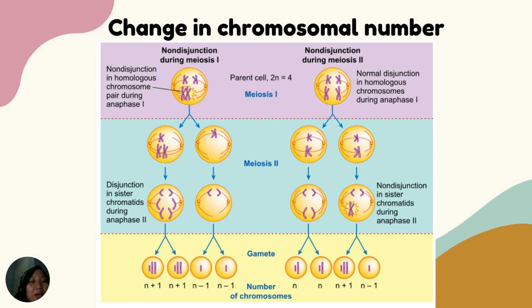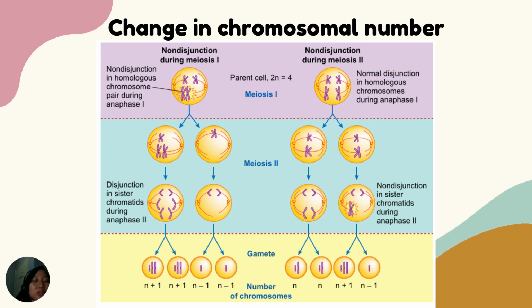So you can see here at meiosis one, non-disjunction during meiosis one, whereas the homologous chromosomes don't split up naturally. You can see here at the first layer, the homologous chromosome pair during anaphase 1 is non-disjunction.